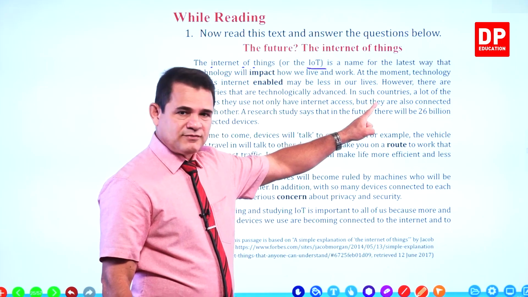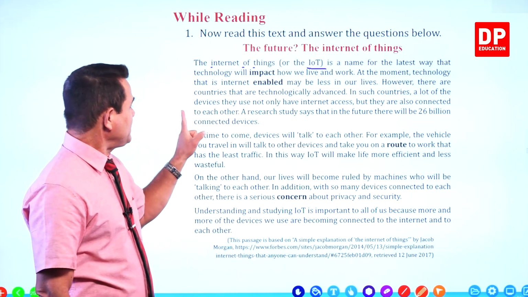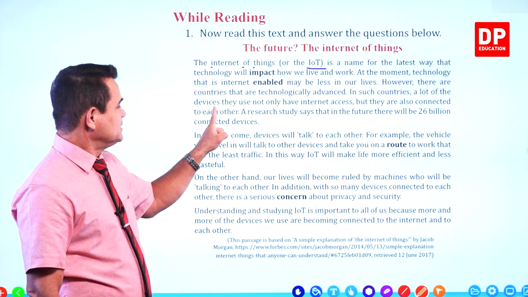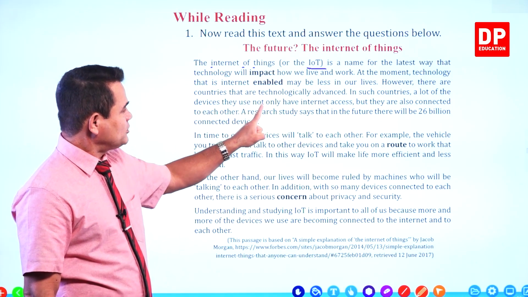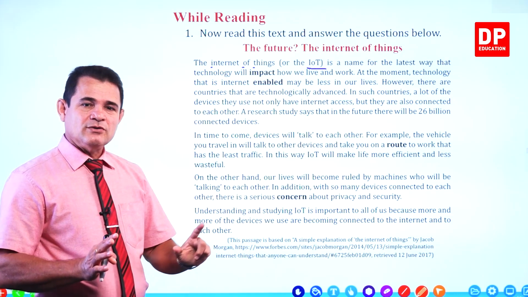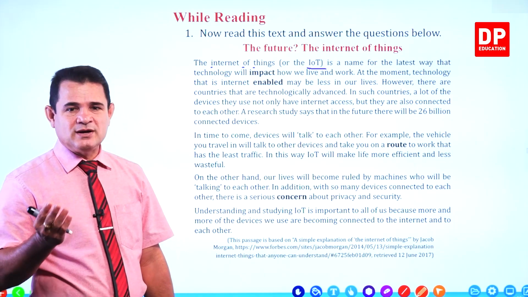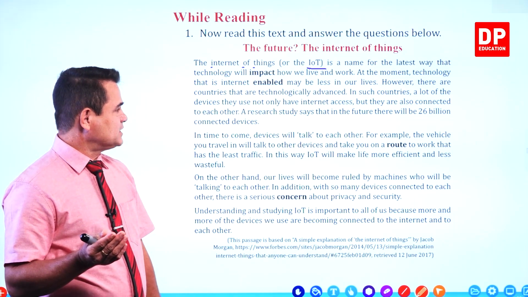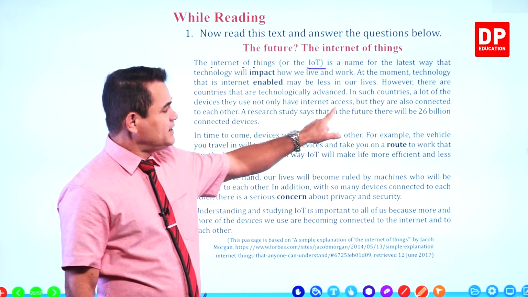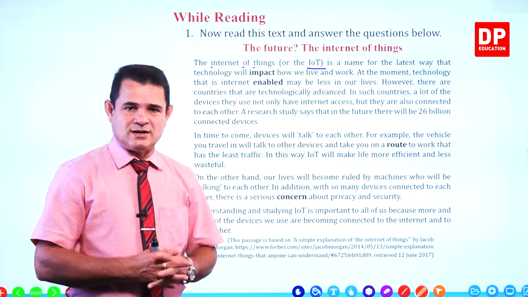In such countries, එවැනි රටවල් වල, a lot of the devices they use not only have internet access. උපකරණ ගොඩාක් ඒගොල්ලෝ පාවිච්චි කරන ඒවායි have internet access, internet වලට යන්න පුළුවන්.